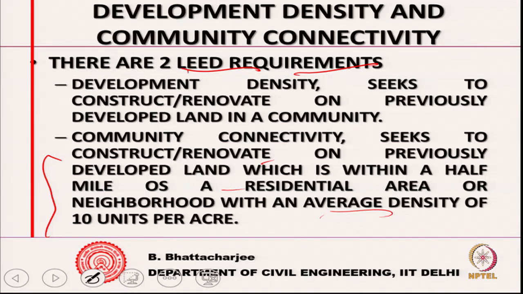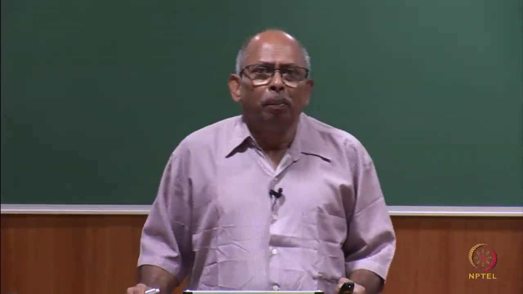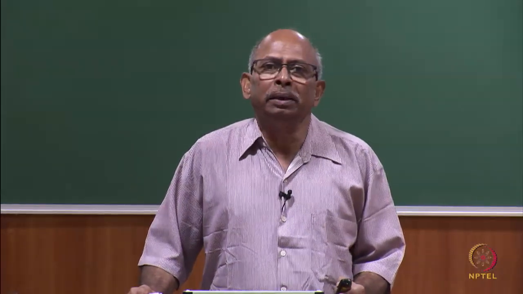In India, of course, population density is higher. And as I said, the half mile concept comes from the original concepts of neighborhood proposed in USA around the 1920s. So, densities are also given; perhaps the density could be different in the Indian scenario.